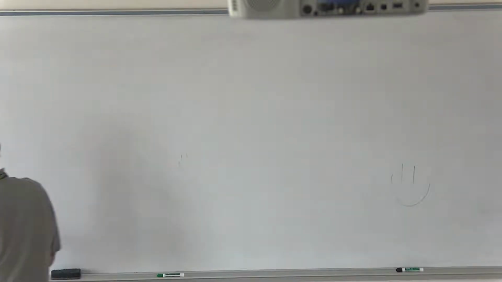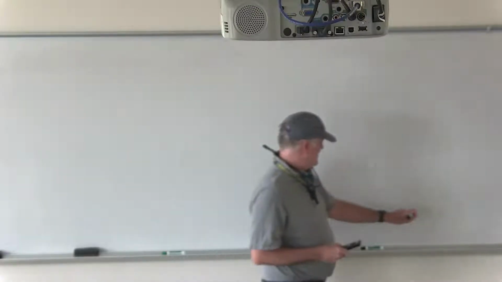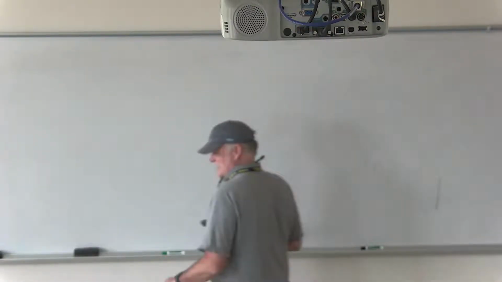So let me first mark the edges. First, let me do this. Let's see. Okay. You got the last erasing all the way over to, so about right here, all the way over to maybe right there. Maybe.